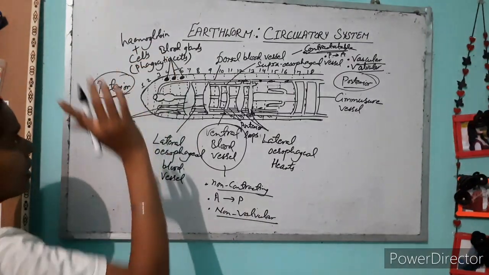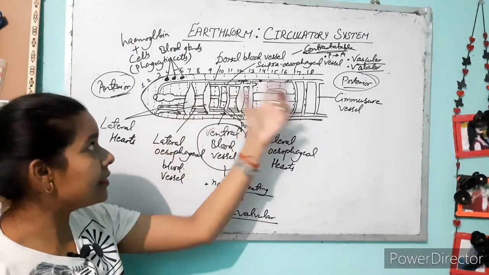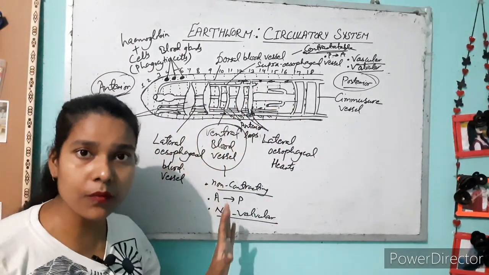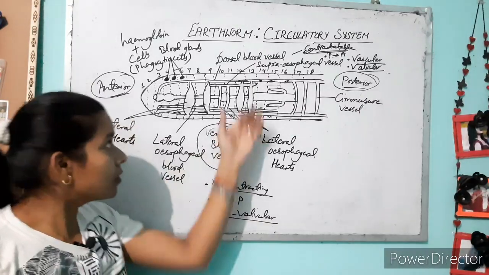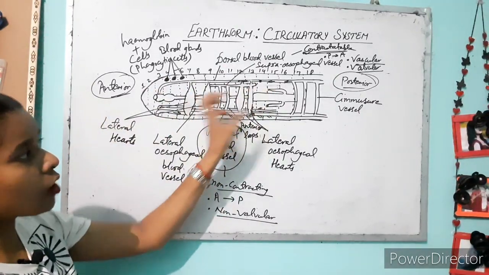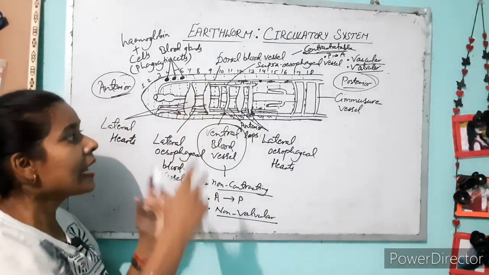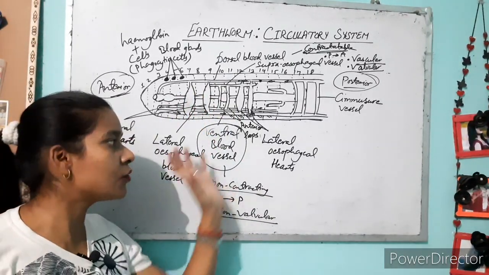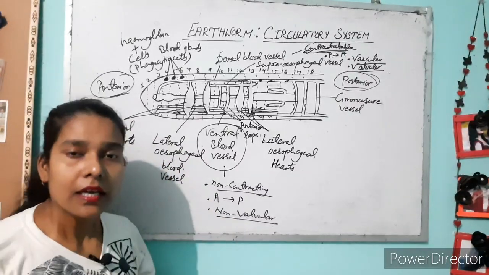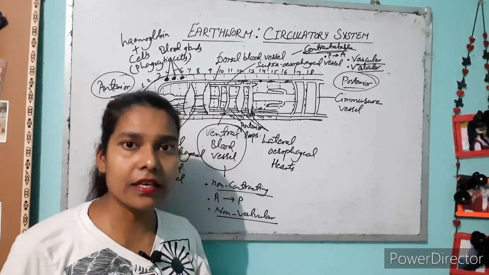This is the circulatory system of the earthworm. That completes how the circulatory system and the vessels work.